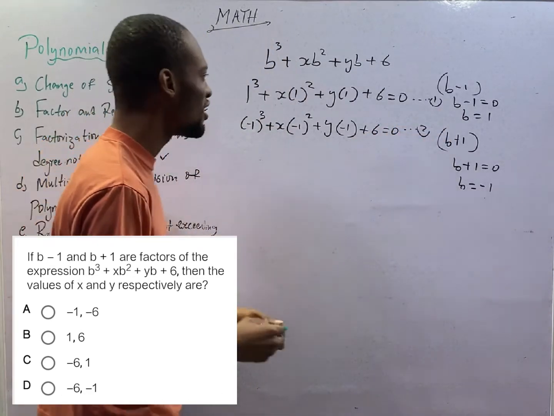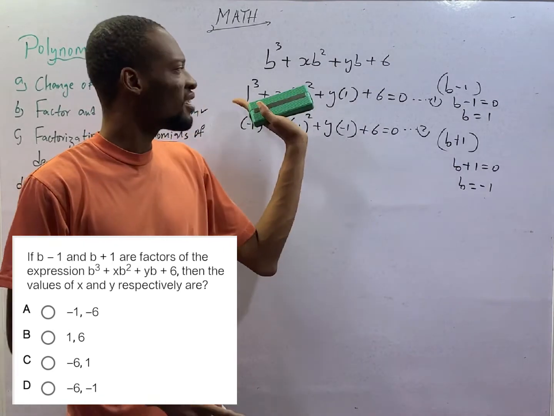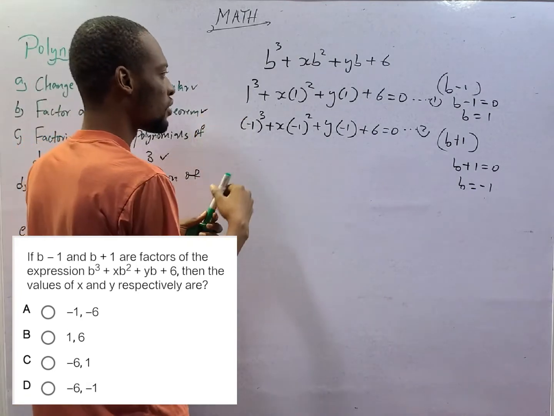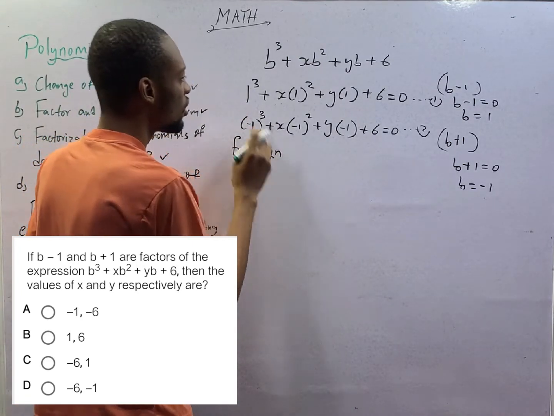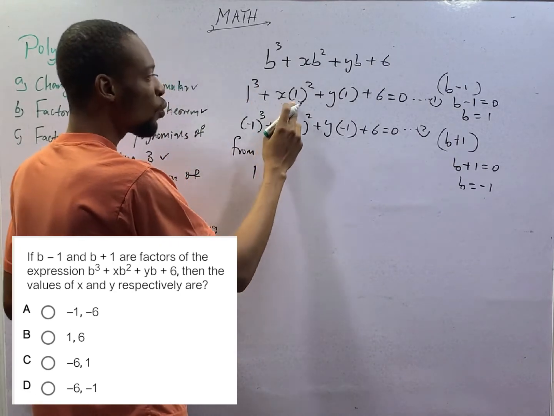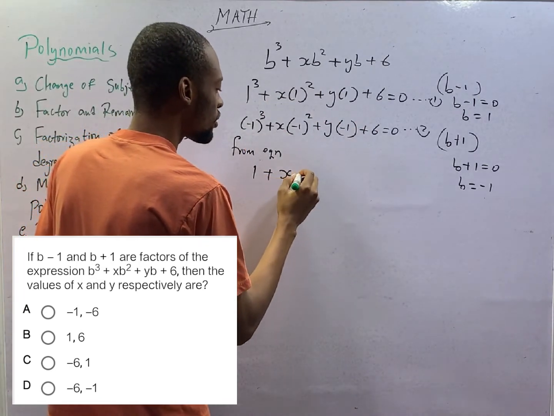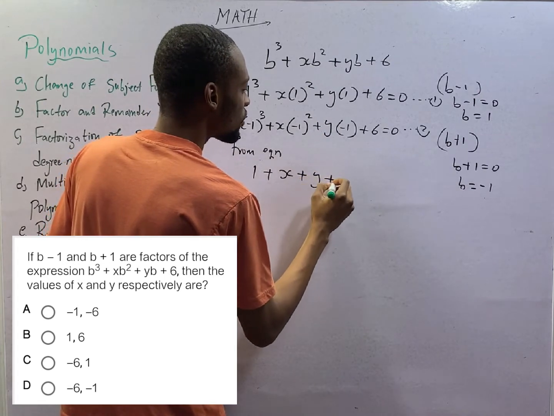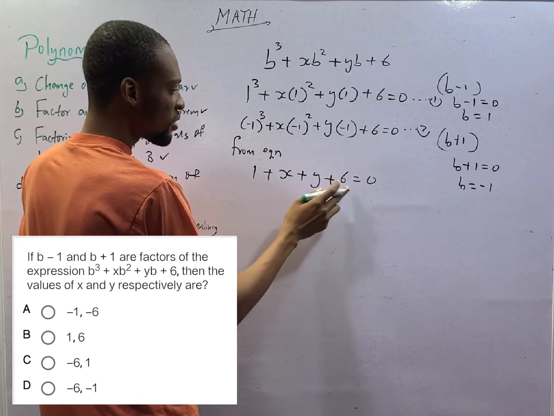Ladies and gentlemen, we've gotten our 2 equations. Let's simplify the polynomial. From equation 1, 1 raised to the power of 3 is 1, plus 1 raised to the power of 2 is 1 times s is s, plus s plus y times 1 is y, plus 6 is equals 0. 1 plus 6 is 7.